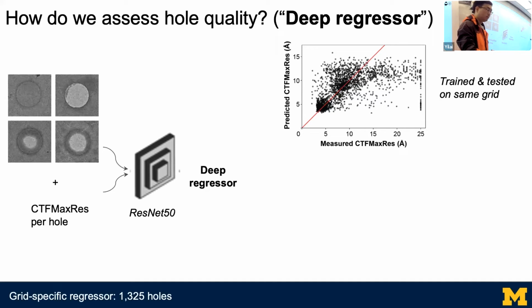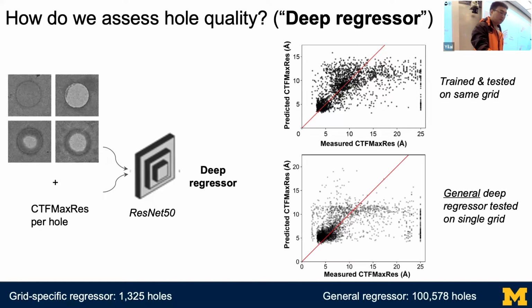First one is a grid-specific regressor, which is trained on over 13,000 holes, basically trained on a subset of the data set and tested on another subset of the data set. The other is a general regressor, so we also want to test the generality of this framework. We train the general deep regressor on over 100,000 hole and CTF max resolution pairs.